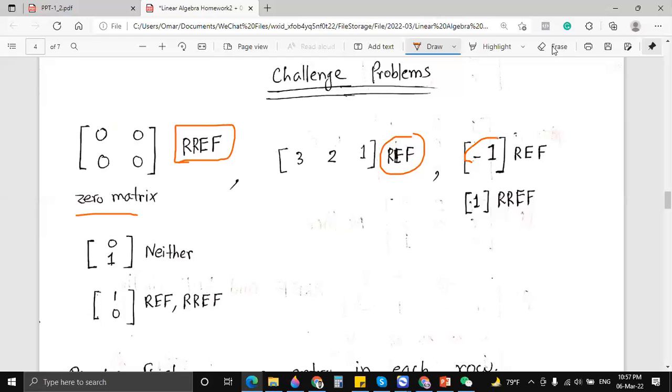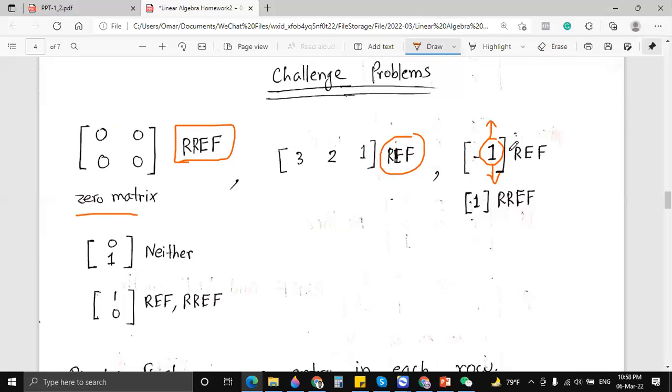This minus 1. If we want it to become RREF, we must have 1 as a pivot point. Not minus 1. We always need 1. Above this 1 and below this 1, we have nothing, right?